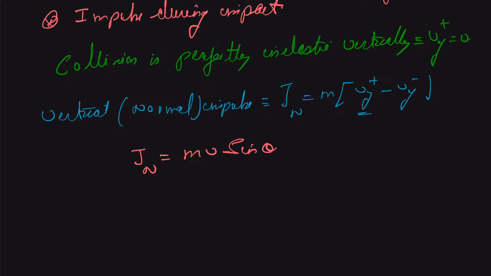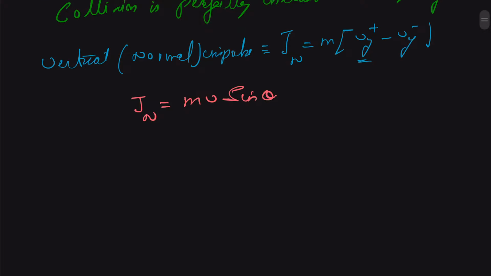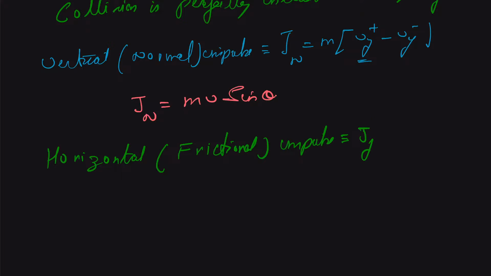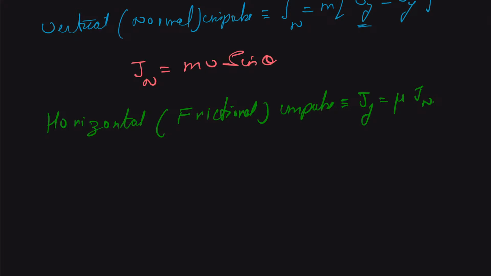And similarly we can find out the horizontal or frictional impulse, and let us call this J of f, and that will be equal to the coefficient of friction times the normal impulse.